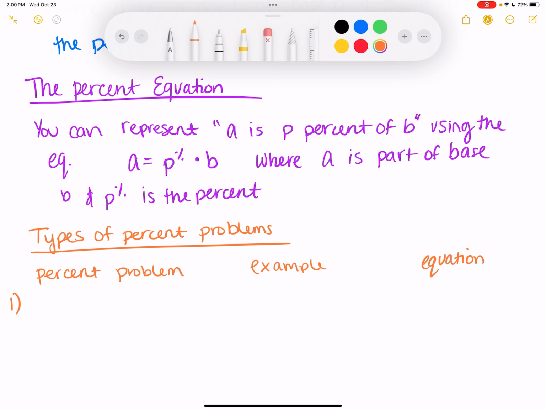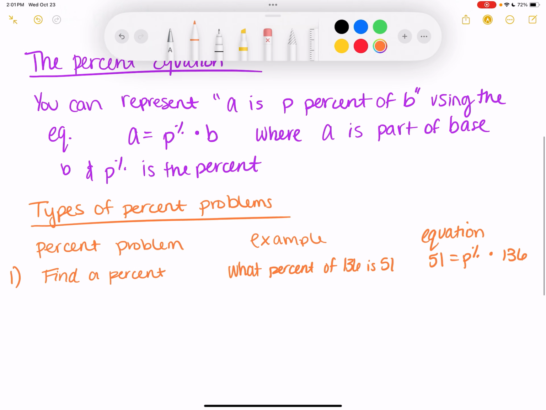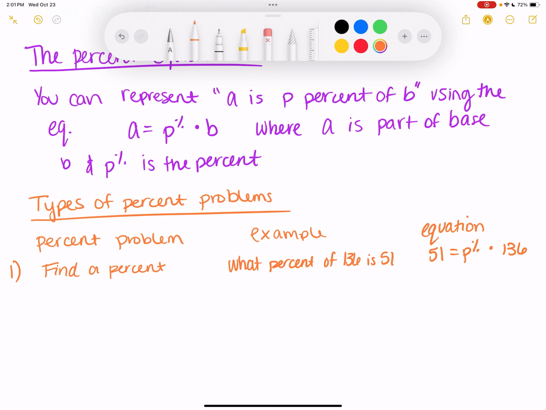So the first one, if they tell you to find a percent, it will say something like, what percent of 136 is 51? So the equation would be 51 equals P% times 136. Or since I know I'm going to be solving for the percent, when it says what percent of, then we're dividing.